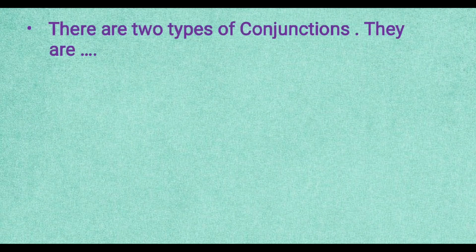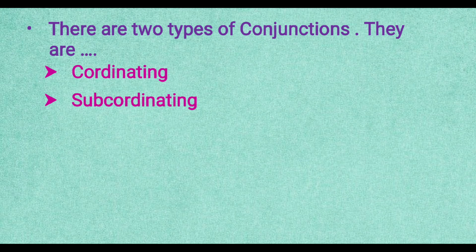Let's see. In grammar language, there are two types of conjunctions: coordinating conjunctions and subordinating conjunctions. This is only for explanation, only for your basic information.